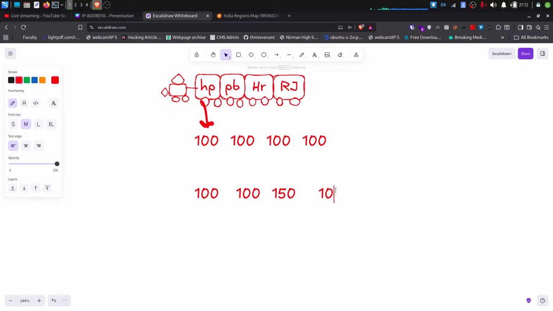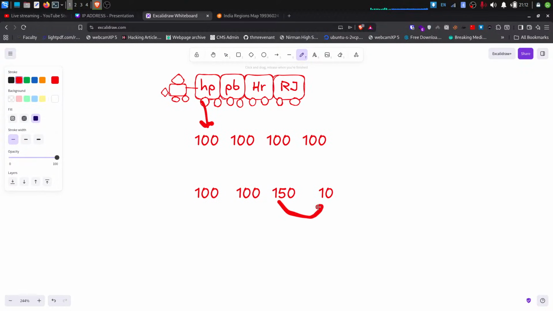Okay, we just shift the people of Haryana to the Rajasthan coach. Perfect. We'll shift 50 people from here to this coach because this coach is going empty. Share HR with RJ.